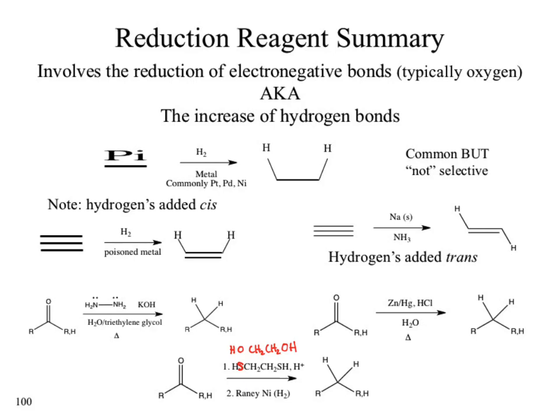So what's the big difference between the zinc amalgam and the sulfur reduction? The sulfur reduction has a nucleophile. Up here, no nucleophile. So if I have an electrophilic site somewhere in my structure, this reaction is a bad idea, because the sulfur could attack that electrophilic site. So there is a subtle difference there.